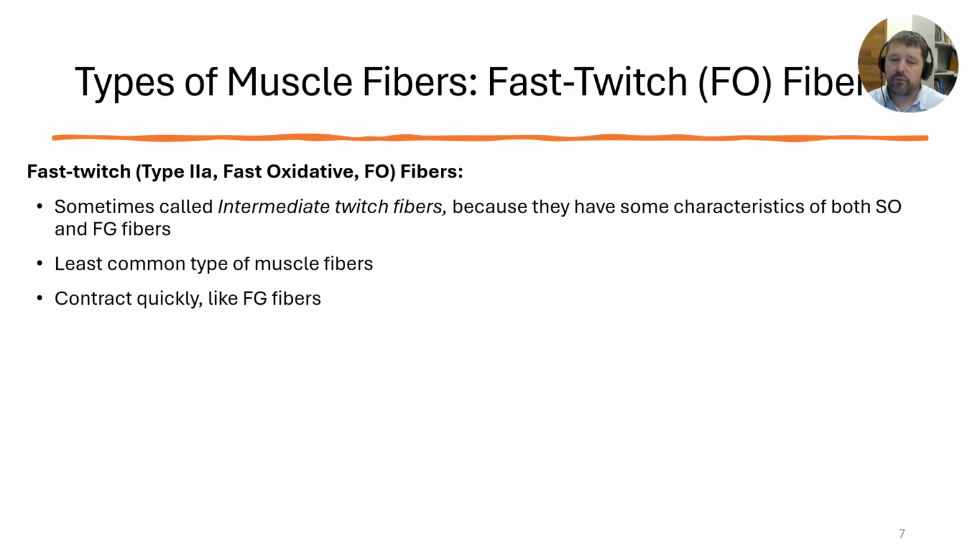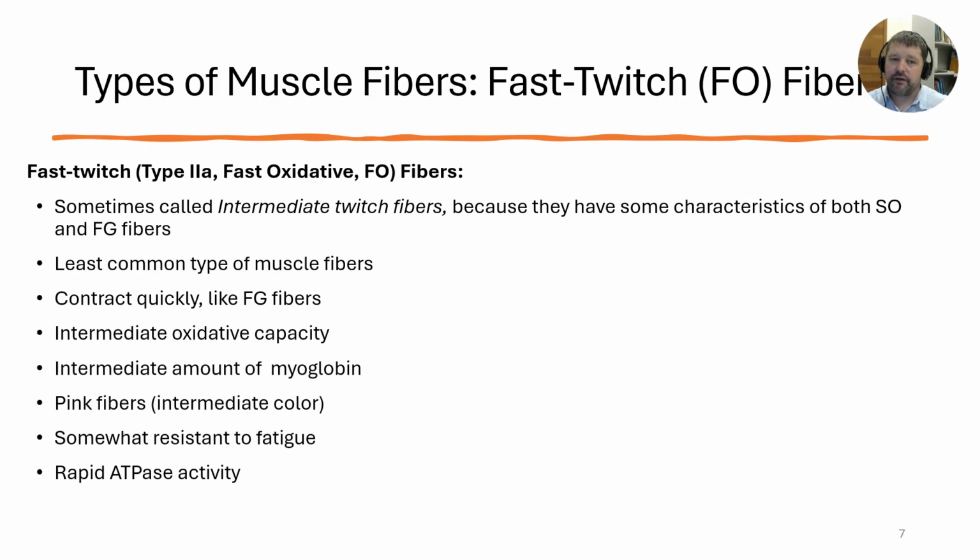Okay, they can contract quickly and they can sustain a longer period of time, so they don't fatigue as fast. They have an intermediate amount of pretty much everything: intermediate amount of myoglobin, mitochondria, and blood supply. But the nice thing about them is they're fast to fire and they're a little bit more resistant to fatigue than fast twitch type 2B muscles. Okay.